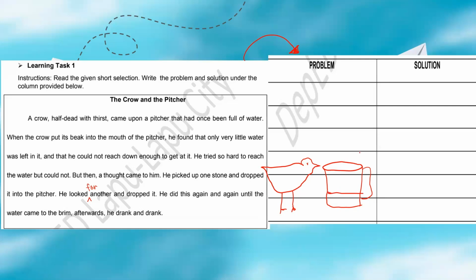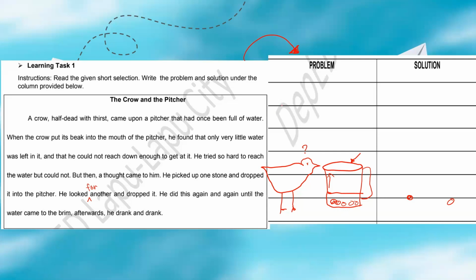It could not reach the brim or the mouth of the pitcher. So he wondered, how can I drink water? And he found that there are stones lying around. So he picked up these stones, placed many stones here until the water moved up because of the stones, and he finally got a chance to quench his thirst. Nakainom din siya dahil sa nilagay niyang mga bato sa loob ng pitcher o pitzel.